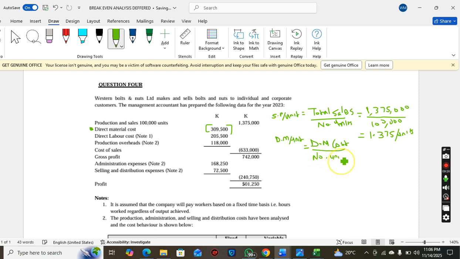I was saying the direct material cost per unit is the total direct material cost divided by the number of units produced.